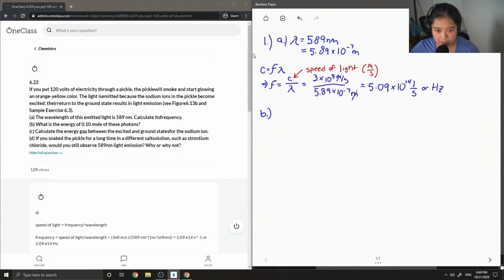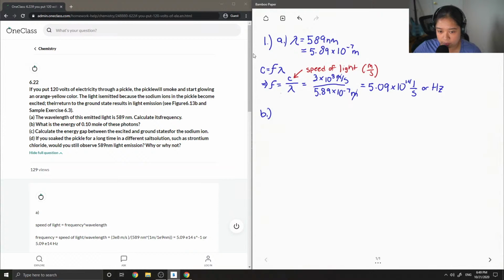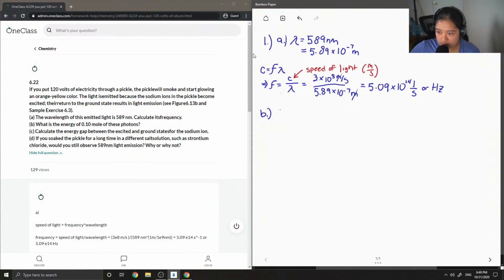Part B asks, what is the energy of 0.1 mole of these photons? So for this question, to calculate for energy, it's going to be Planck's constant times frequency, which is what we calculated in the other question.